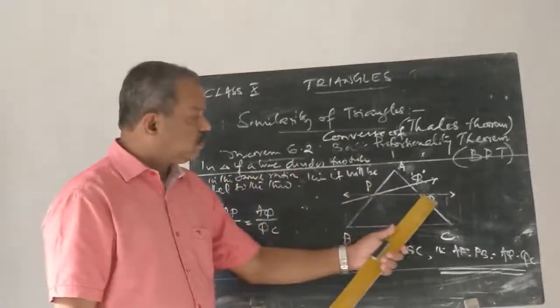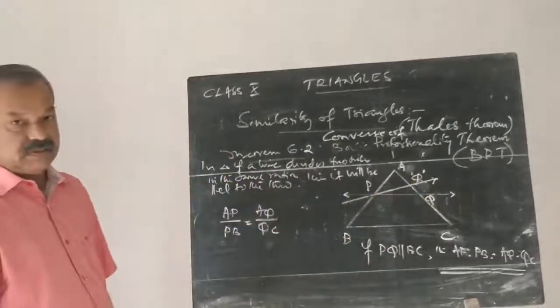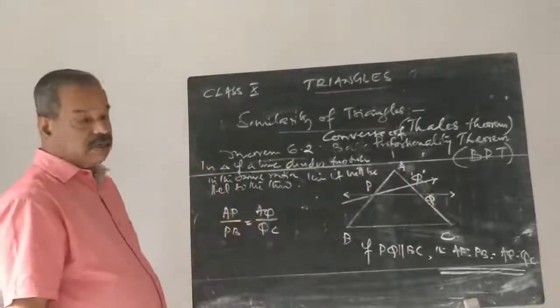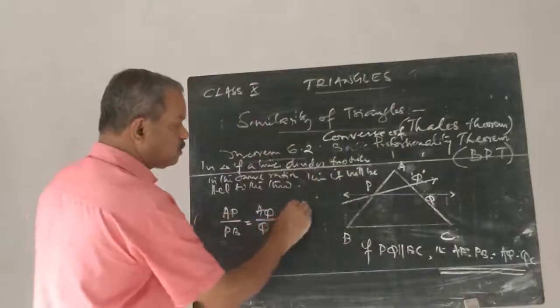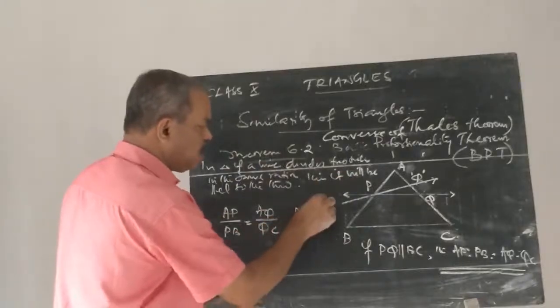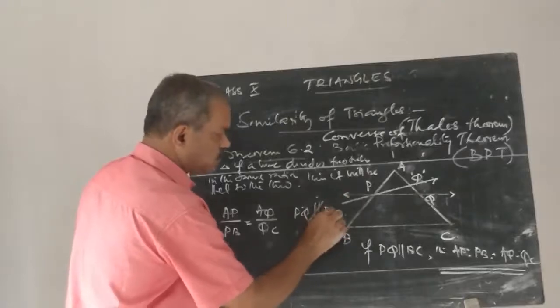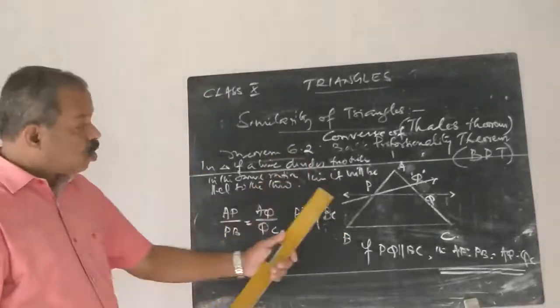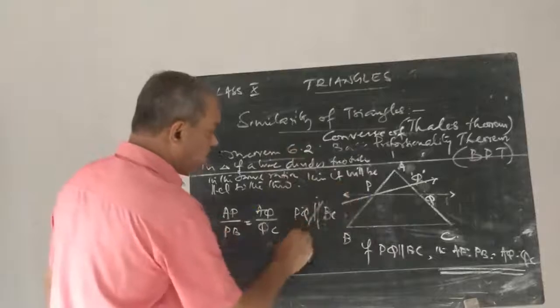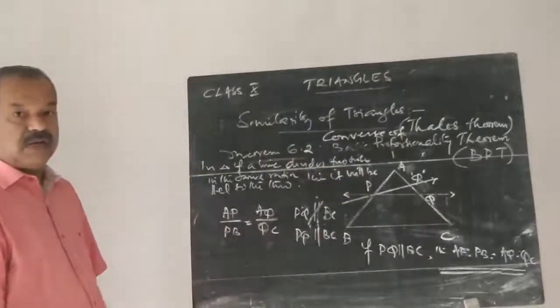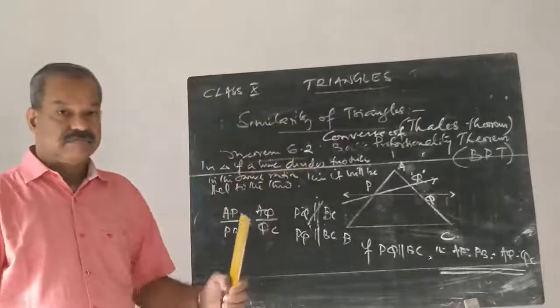Suppose PQ is not parallel to BC, but AP by PB equal to AQ by QC. Draw a line PQ dash parallel to BC, and now apply the theorem.